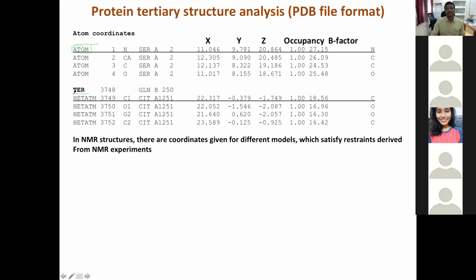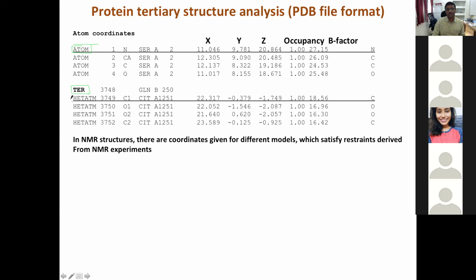The TER record tells you that one polypeptide has now finished in the PDB file, and the next information that starts will be the record for the next polypeptide or for a heteroatom.